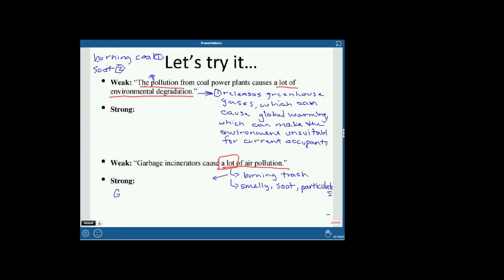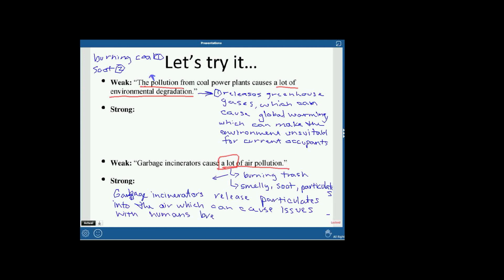So let me see if I can come up with something. This is kind of a weird sentence. Garbage incinerators release particulates, which will cause issues with humans breathing.